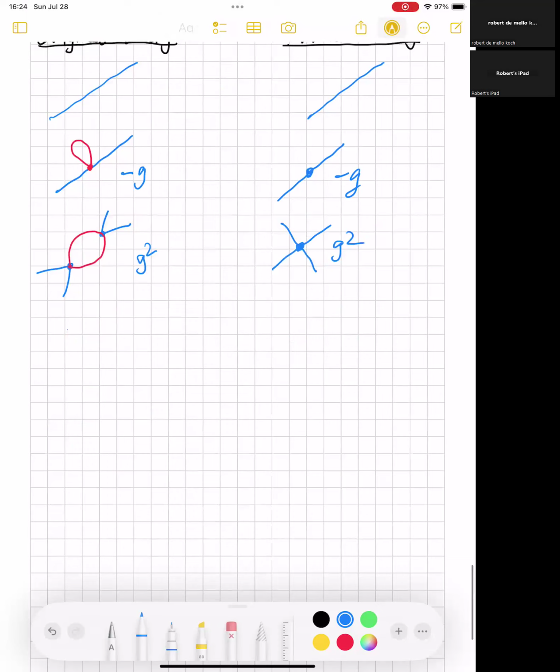In the original theory, we could have imagined this Feynman diagram, okay? So there we go. Now, because there's three vertices here, this would have come with a minus g cubed. And in the effective theory, we indeed have a 6-point vertex, and this indeed comes with a minus g cubed.